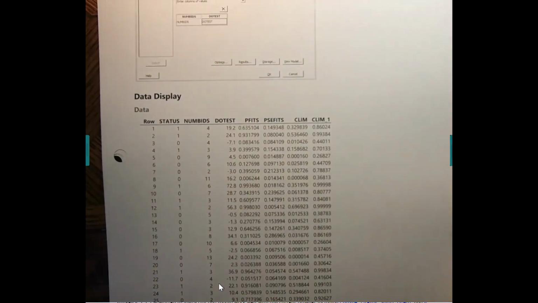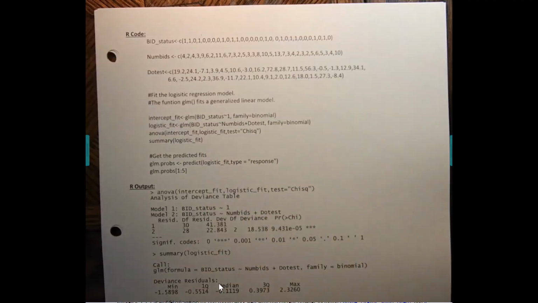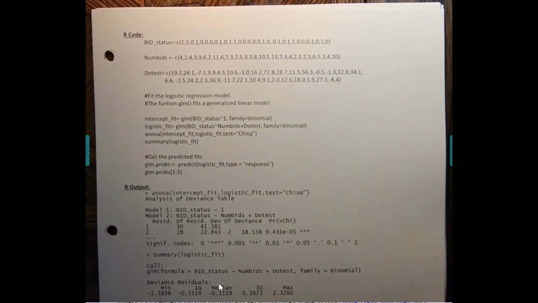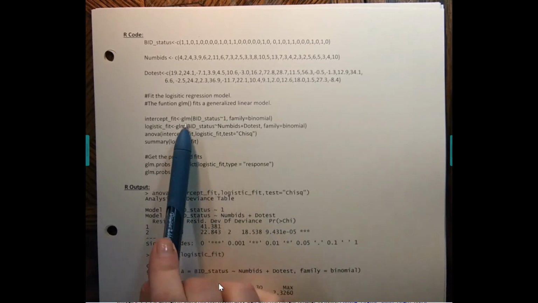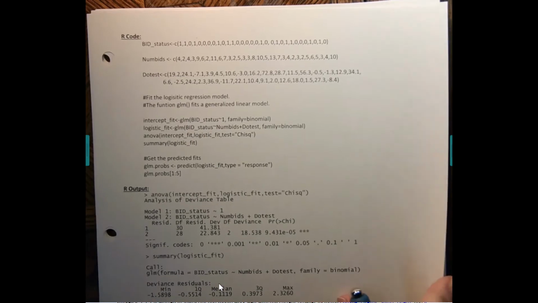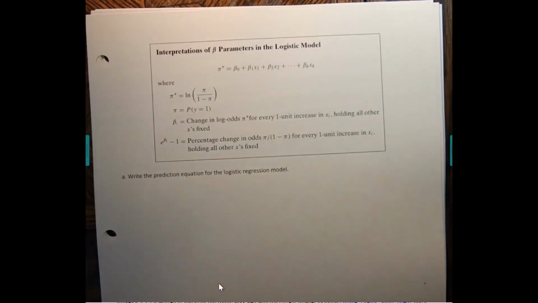And so we're going to have several pages of output here. We're going to have some output on how to get the prediction interval. And then finally, we've also got the R code to get this. So notice instead of using the lm function for R, you're going to use what's called the glm, which stands for Generalized Linear Model. And again, you've got all your R output.